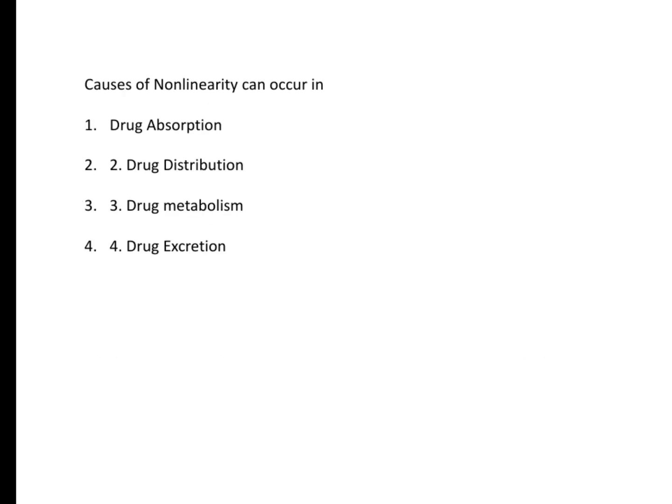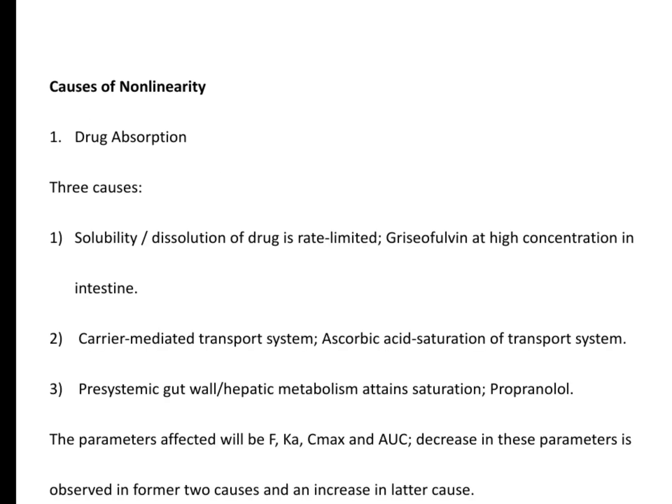Causes of non-linearity. Non-linearity can occur in first, drug absorption; second, drug distribution; third, drug metabolism; fourth, drug excretion. Drug absorption has three causes. First one, solubility or dissolution of drug is rate limited. Example, Griseofulvin at high concentration in intestine.